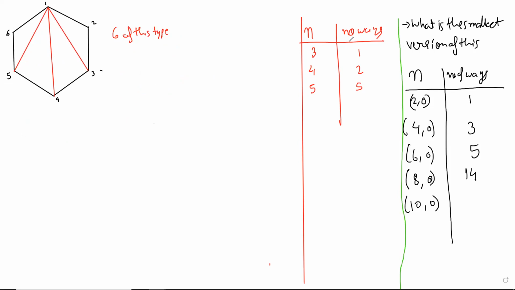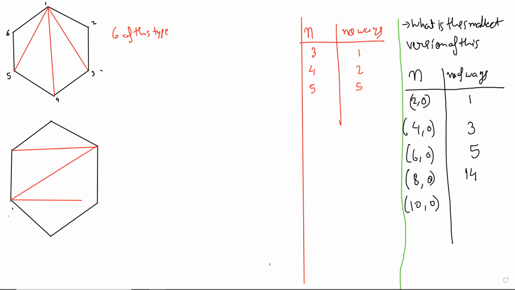Right. What is the other way? Yes. And how many ways will be there? How many members will be there in that type? It should not be 6, should be less than 6, I think.